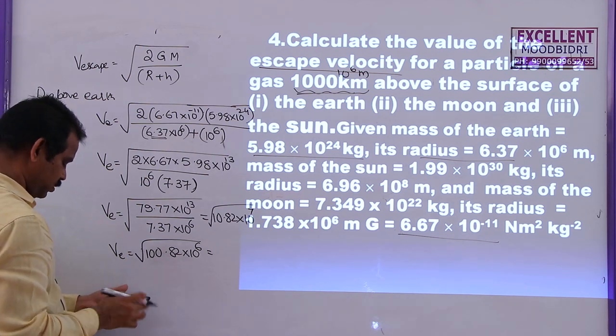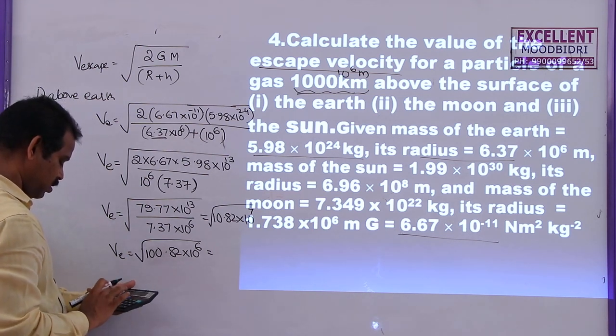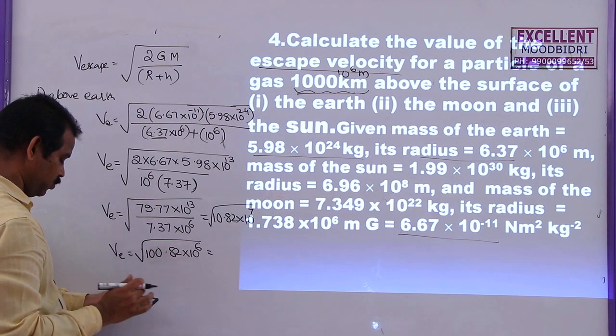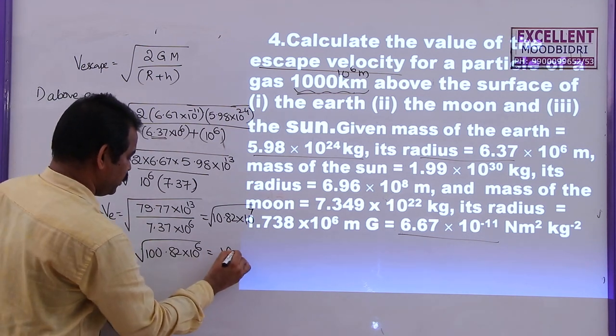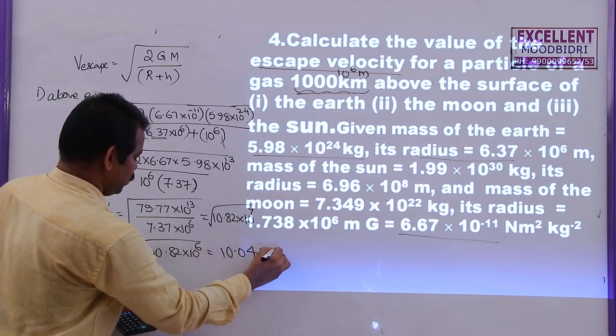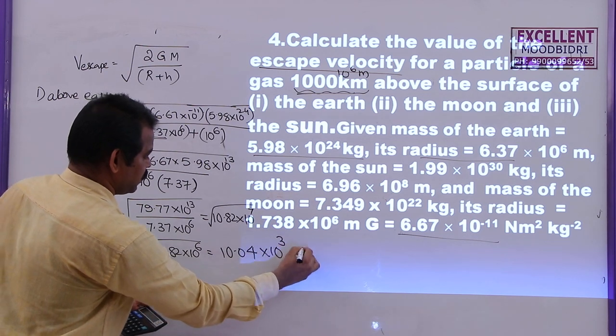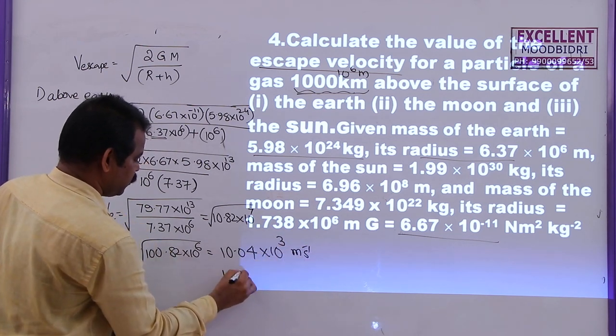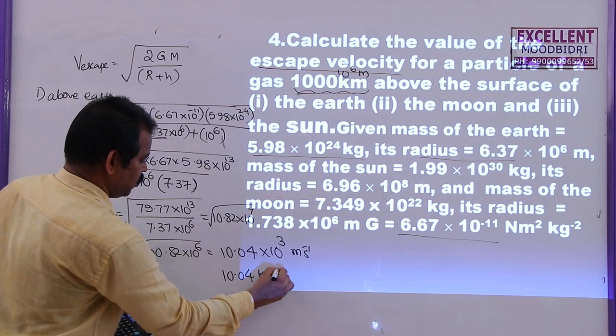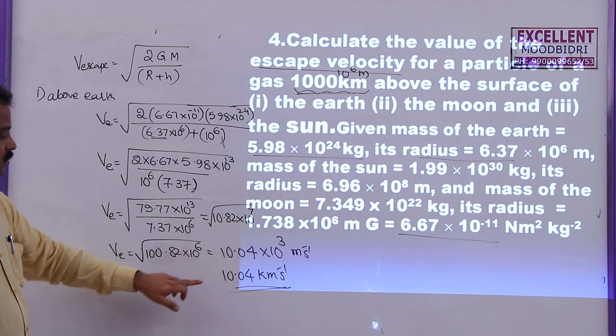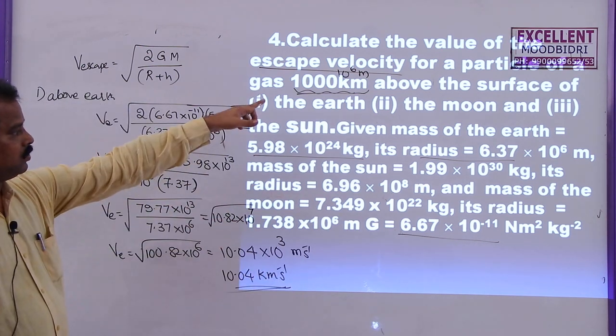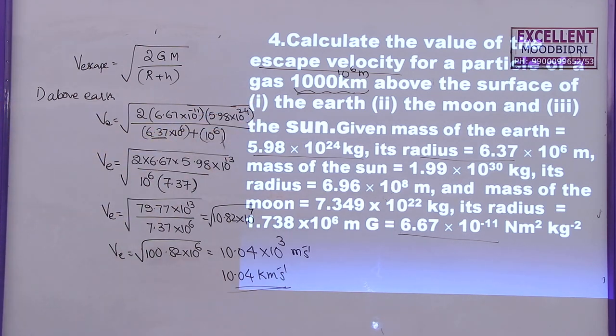Root of 100.82 will be 10.04 into 10 power 3 meter per second, or 10.04 kilometer per second. This is the escape velocity at a height of 1000 kilometers above the surface of Earth.